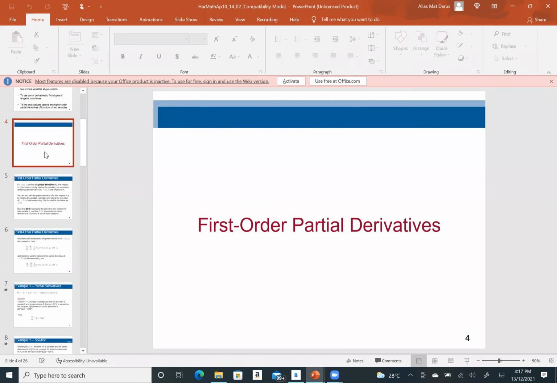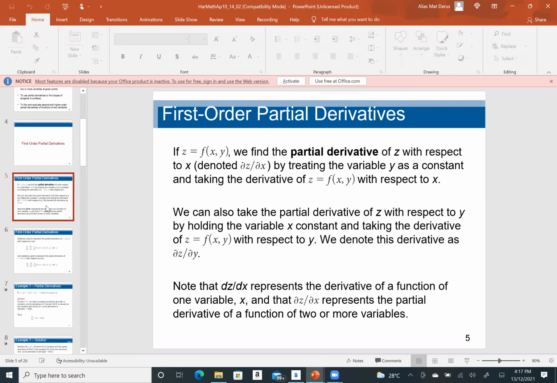It is the first partial derivative. Now, when you take the partial derivatives of the function z equal to f of x, y, you have fx, and then you have fy. That is the notation that we use.